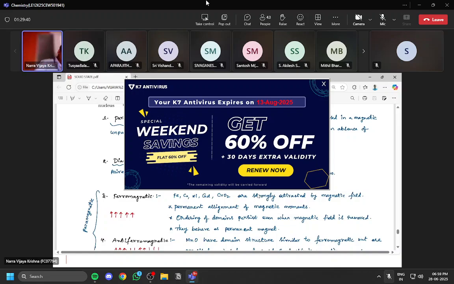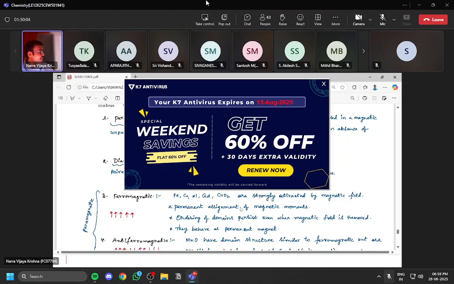Cu+2 has one unpaired electron. Fe+3, Cr+3, etc. What is the color of Fe+3? Yellow. Chromium +3, violet. Copper +2, blue.